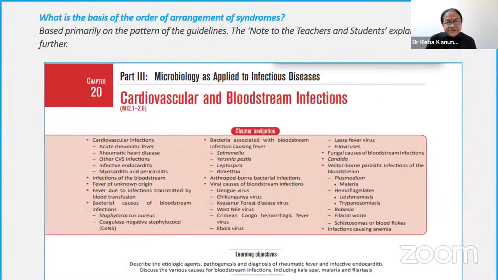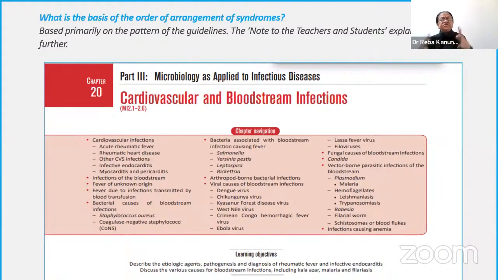So what we have done is we have gone with an anatomical approach, in the sense we have discussed bloodstream, which is of course the first competency, cardiovascular and bloodstream infection. Followed by that, we have gone on to the respiratory tract, then onto the CNS, and then GIT. The reason why we've done this is basically that the organisms which are involved in these infections follow a route.